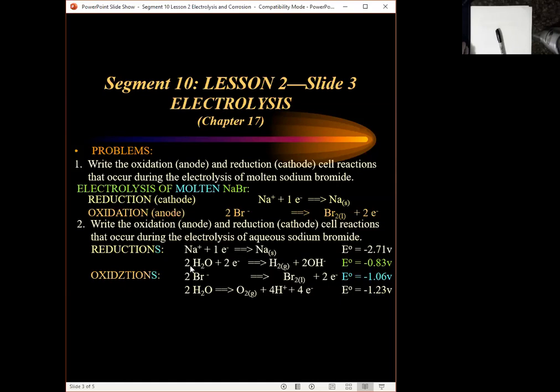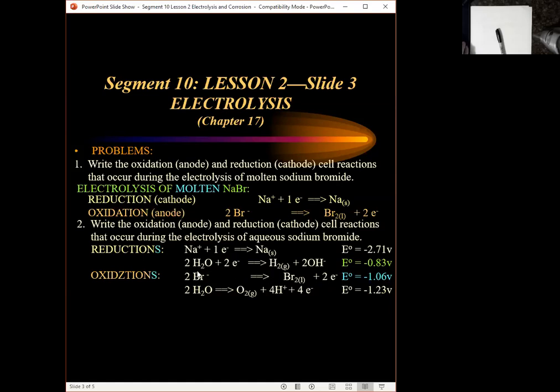So the reduction that's going to take place in aqueous solution for the cathode reaction is going to be the water reduction. Now, if I compare the bromine and the water oxidations, the oxidation that's most positive is the 1.06 volts for oxidizing bromide ion compared to minus 1.23.